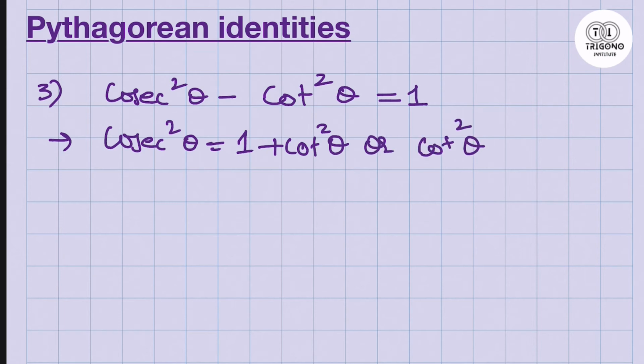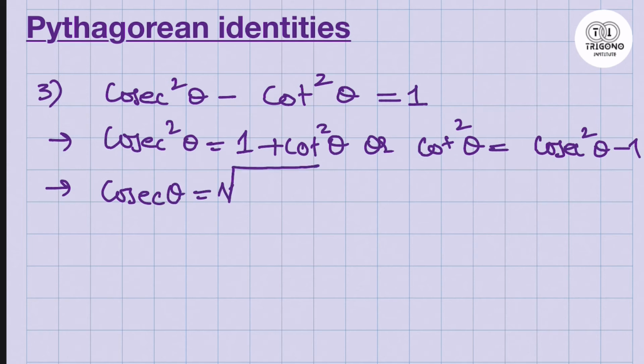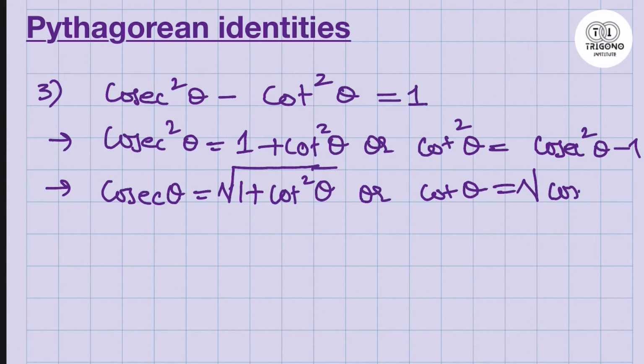or cot square theta is equal to cosecant square theta minus 1, and there you go, cosecant theta is equal to under root 1 plus cot square theta, or cot theta is equal to under root cosecant square theta minus 1.